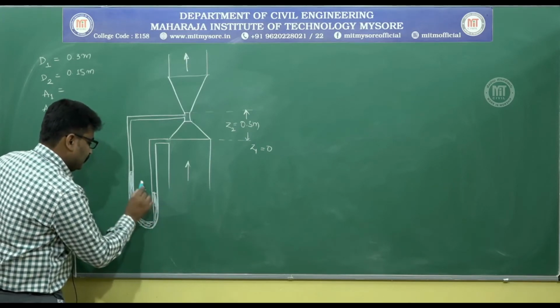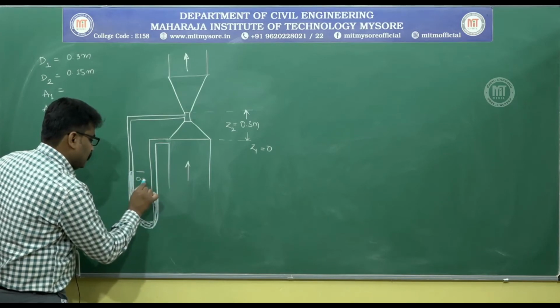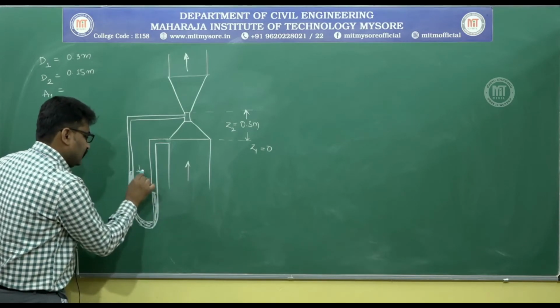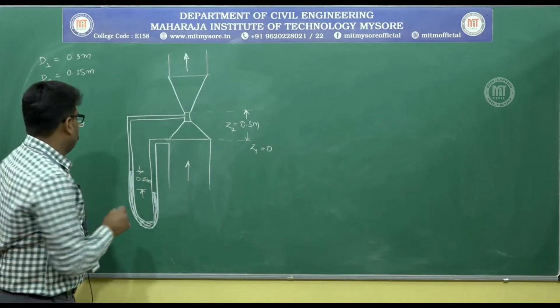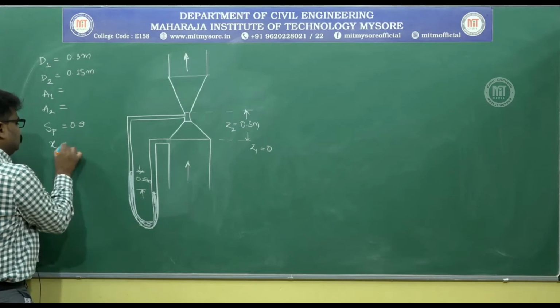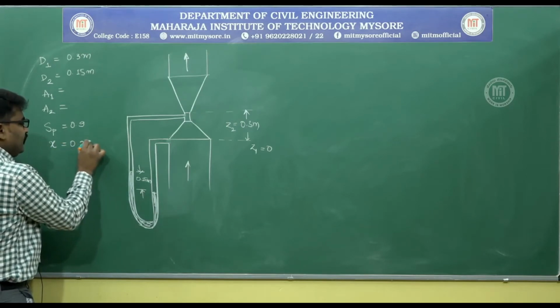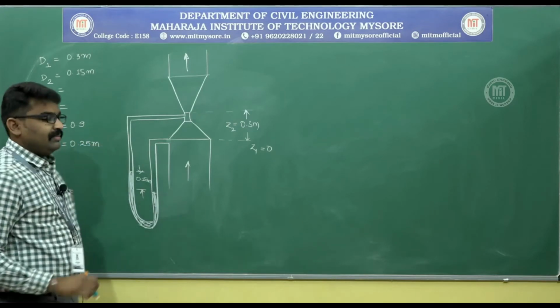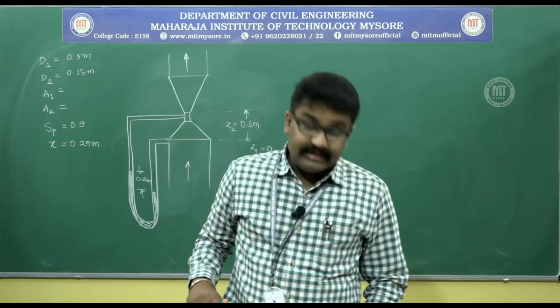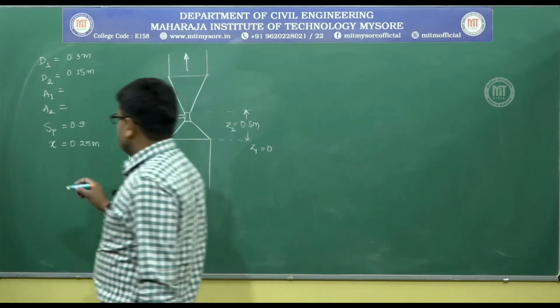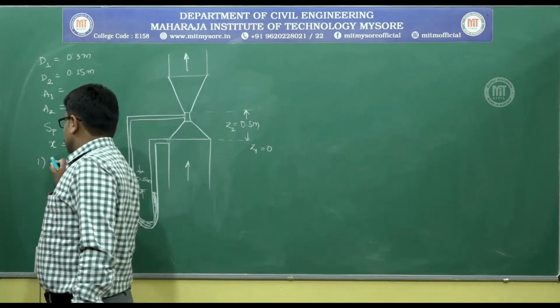So, this manometric deflection must be 0.25 meter, and you very well know that you call it as x. X is equal to 0.25 meters. What needs to be calculated in this problem is the discharge of the oil. The first question is to find out the discharge.